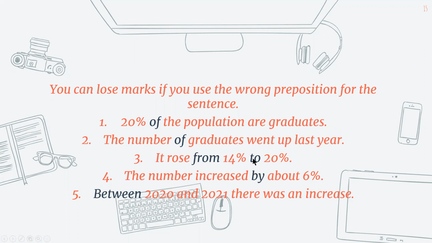So from something to something else. The number increased by about 6%. Between 2020 and 2021, there was an increase. Between, okay. So of, from, to, by, between. Each time you read a report, try to notice how the writer used prepositions to describe percentages, okay?